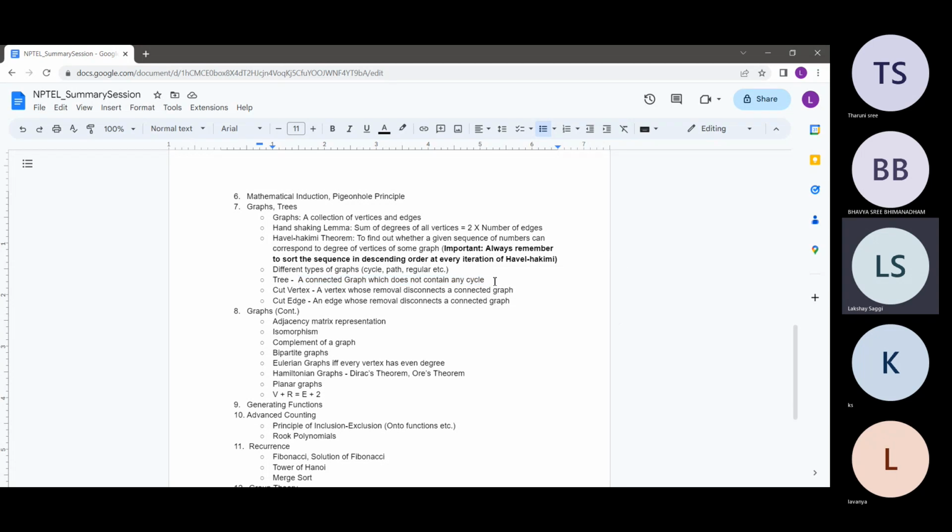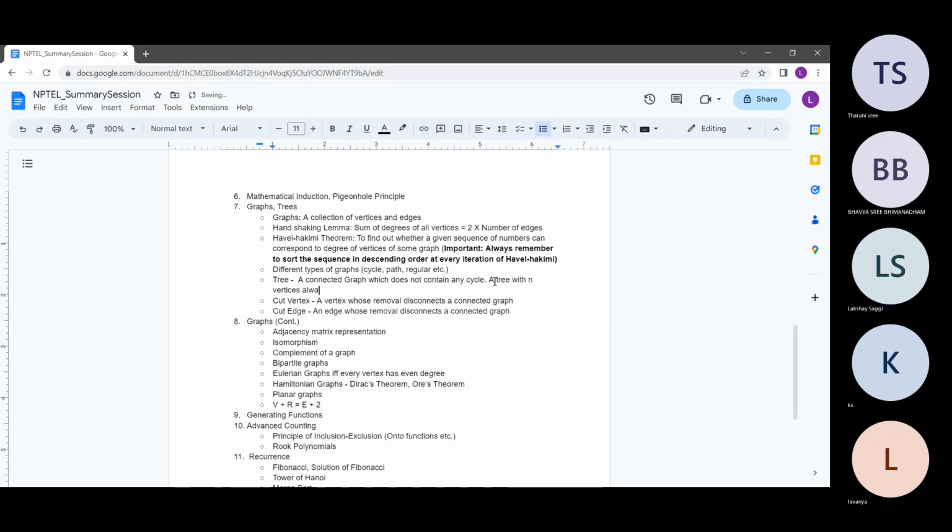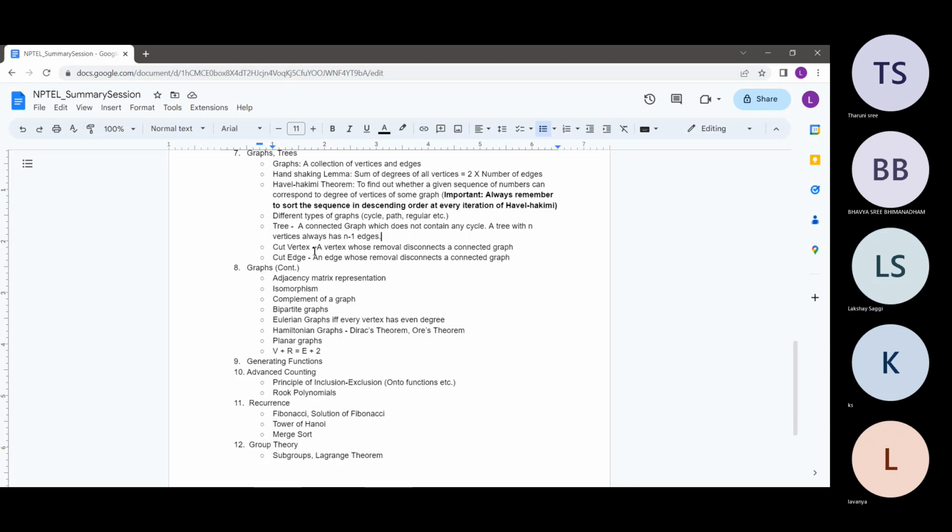We have done an accurate proof of this also. So if a tree has n vertices, the number of edges will be n minus 1. And then came the concept of cut vertex.